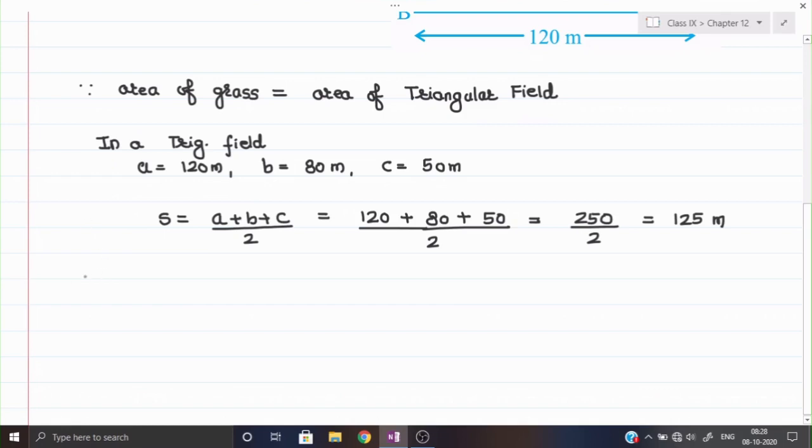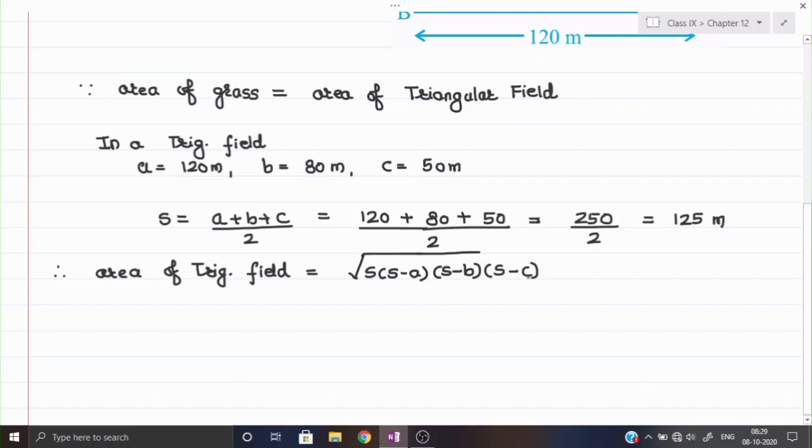So now, therefore, to find out the area of the triangular field we shall apply Heron's formula. The formula is under root of S into S minus A into S minus B into S minus C. Okay, this is a formula we know very well. Now in this formula we shall put the values.